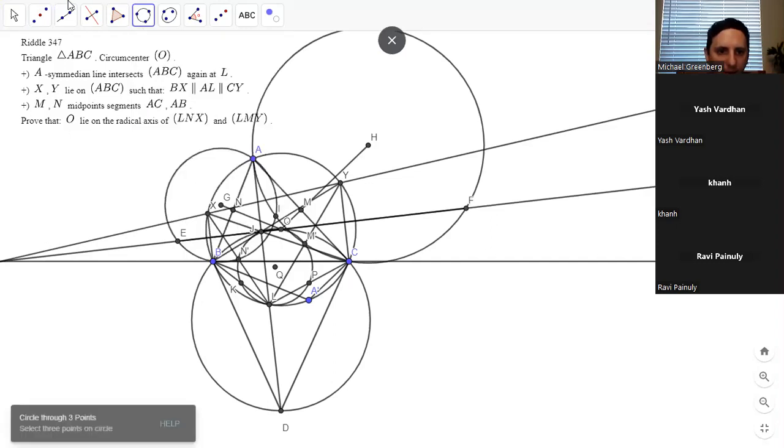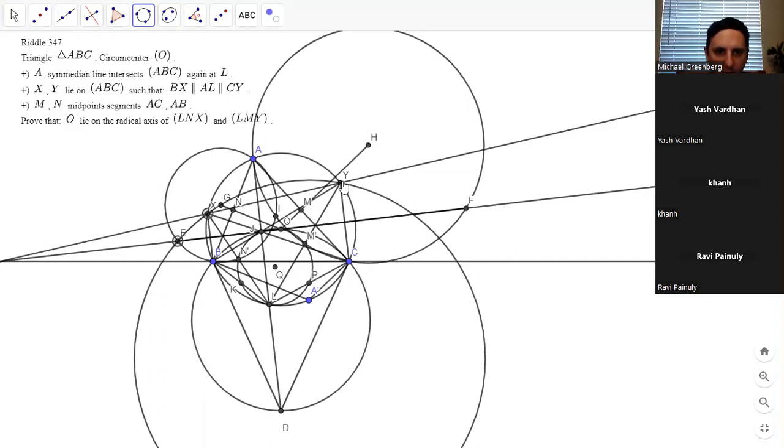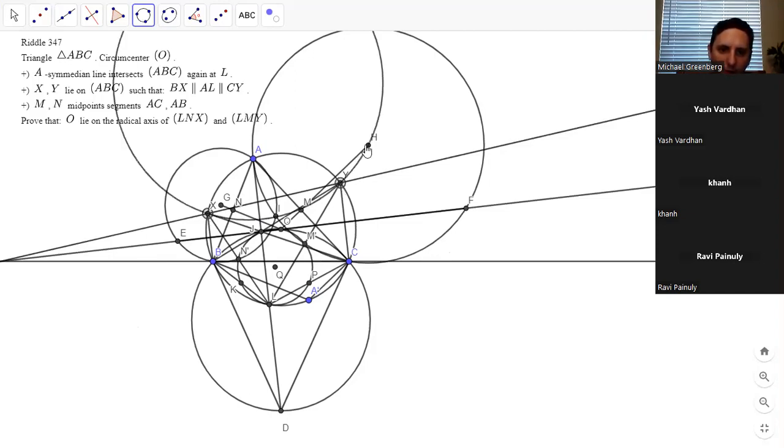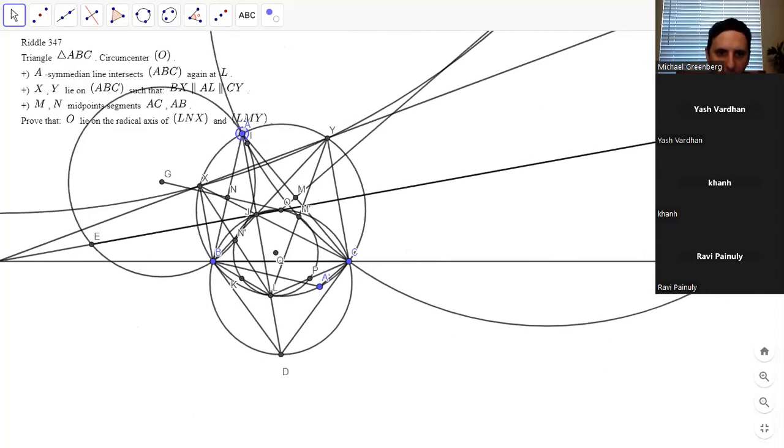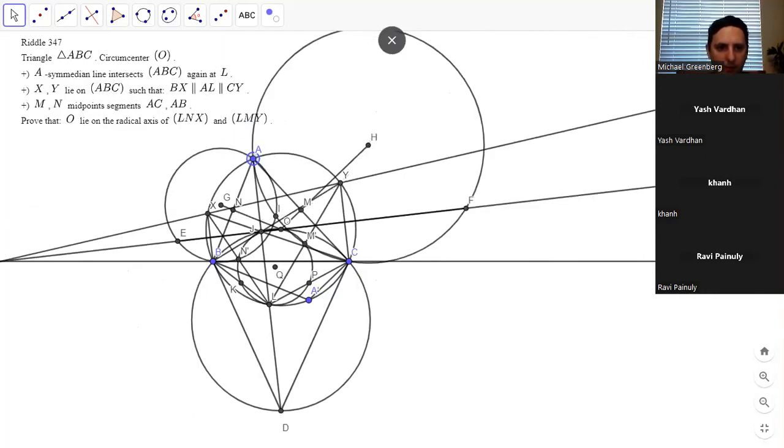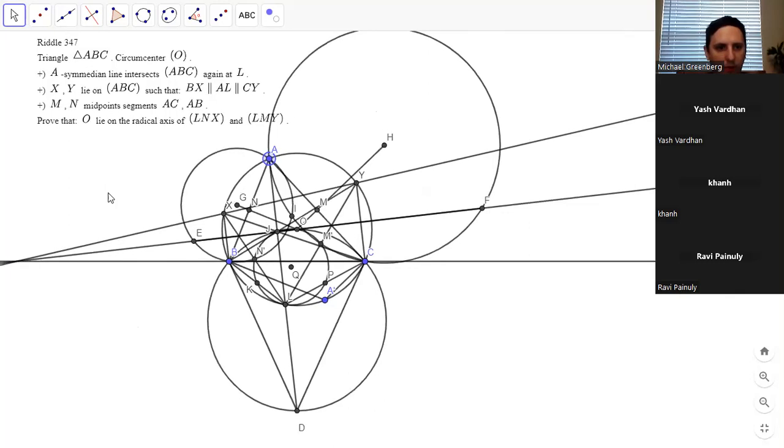I wonder if we have other cyclic quadrilaterals. Is this cyclic? No. But EXGY, is that a coincidence? I could check F. Yeah, I think that's a coincidence. It's not actually true in general. I would be very surprised if that actually goes through the point. I mean, we could draw this point.